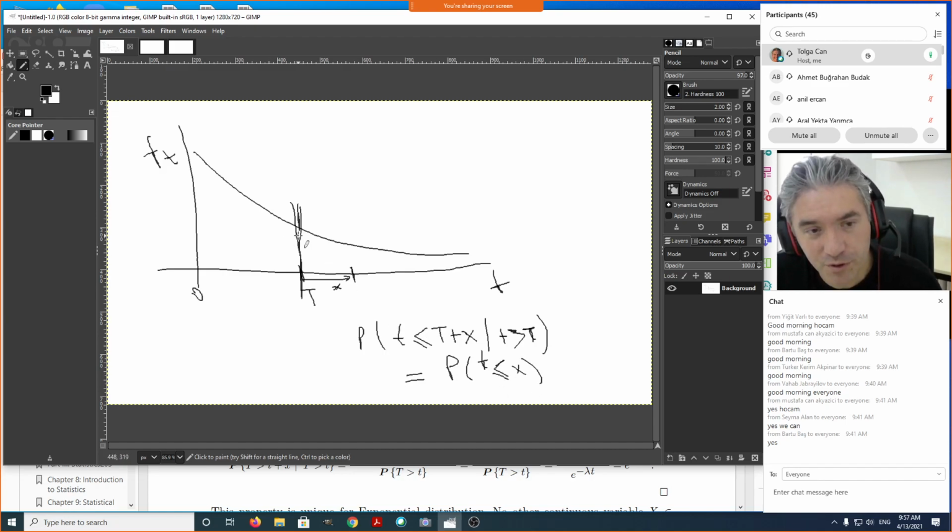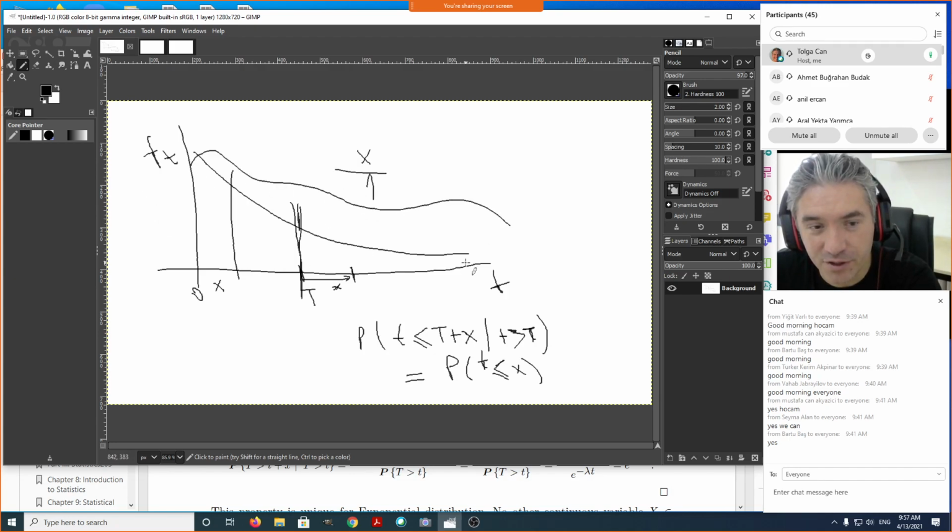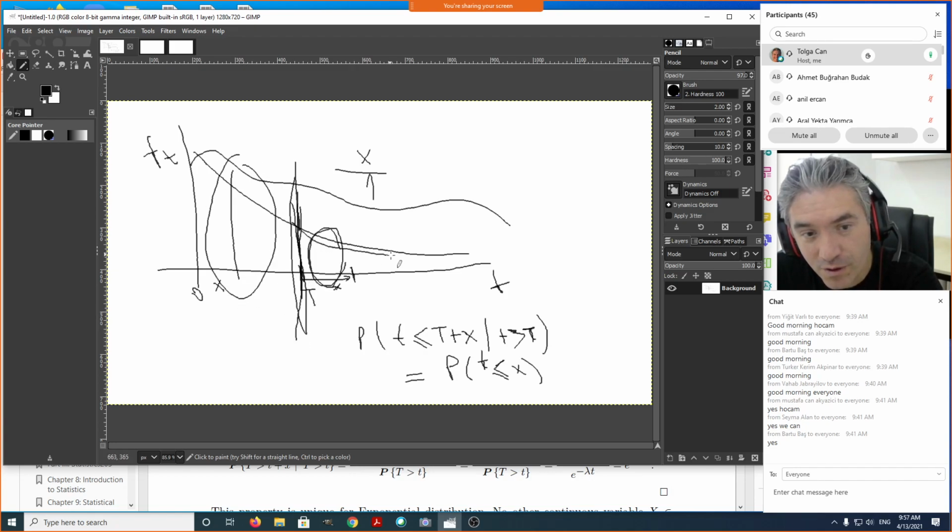So in other words, this ratio, if you take a look at this x over 1, the entire area under the curve is 1, is equal to whatever you have here. In the conditional probability, you know that the event did not occur here, so your sample space becomes this part.